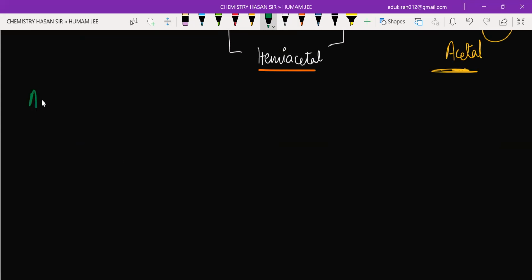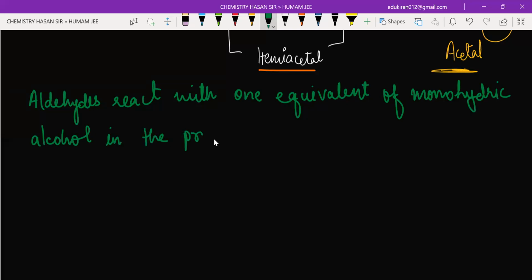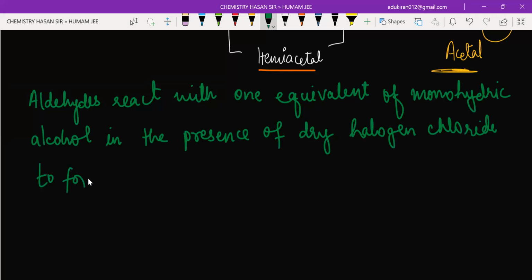So here how we are going to write: aldehydes react with one equivalent of monohydric alcohol in the presence of dry hydrogen chloride to form, or to produce, or to yield, you can write.